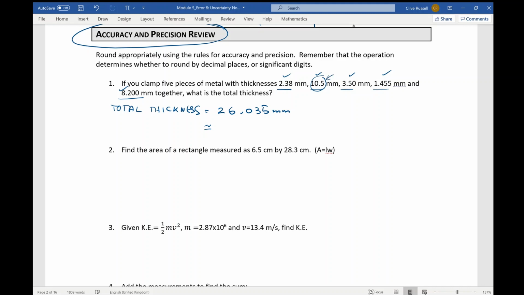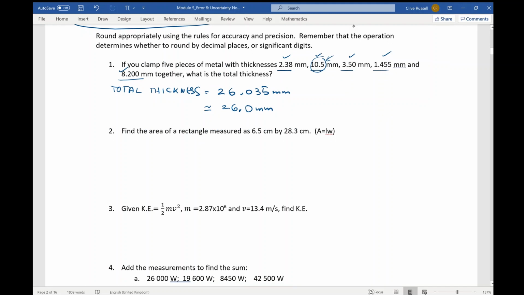So we round to 1 decimal place, and we round this to 26.0 millimeters.